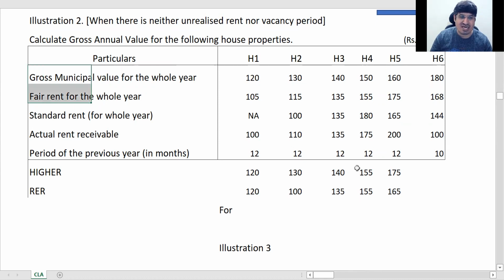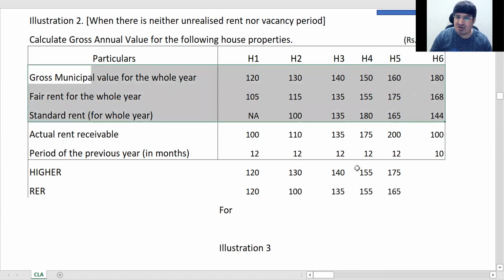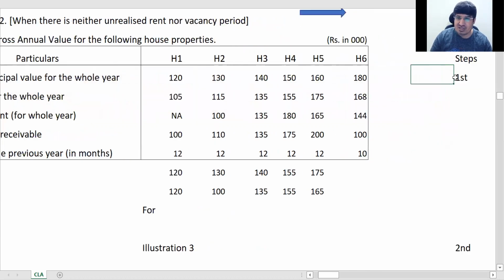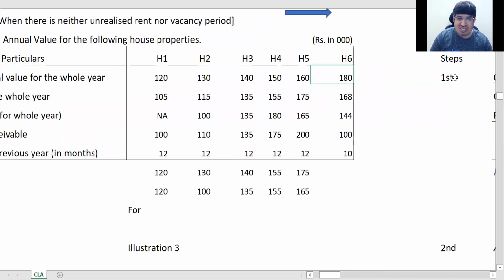अब ये जो फिगर्स है आपके, these figures, your GMV, fair rent and standard rent, because these are government figures, they will give it for the whole year, 12 months, correct। So which is why for these figures, if it is for 10 months, your period is 10 months, you have to take proportionately, यानी आपको इसको सबको into 10/12 करना पड़ेगा 10 months के लिए। So what I'm saying basically, for these things, these are government figures, so they will not give for you, they'll give for 6 months, for me they'll give for 8 months, they won't do like that, right?